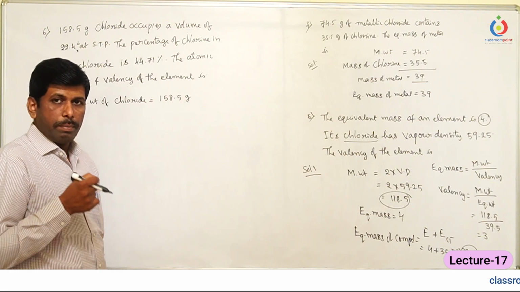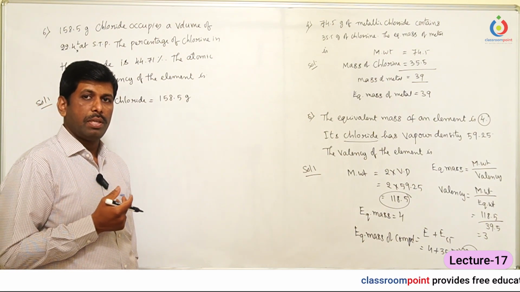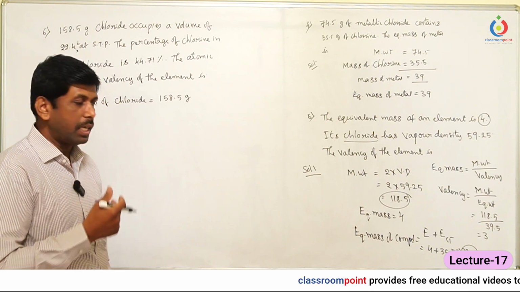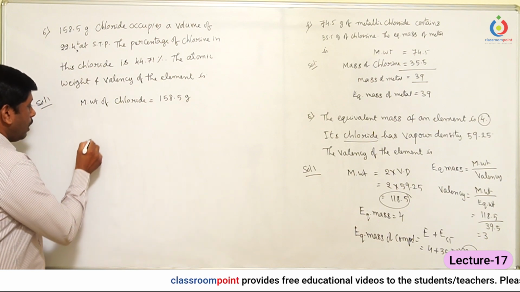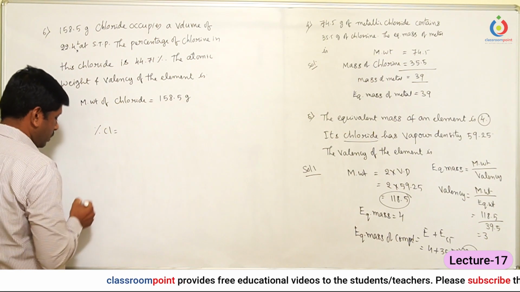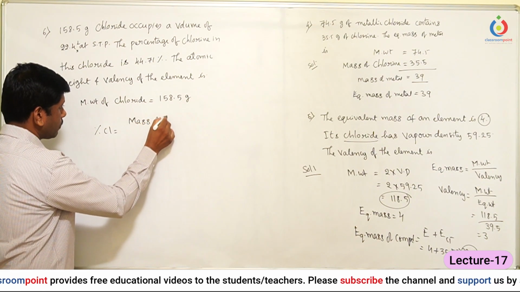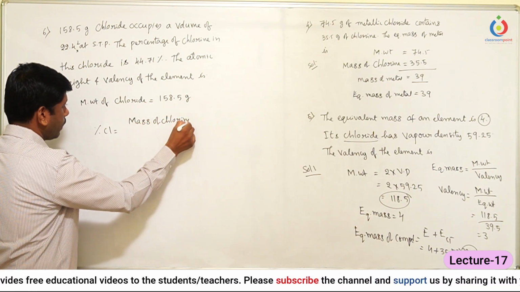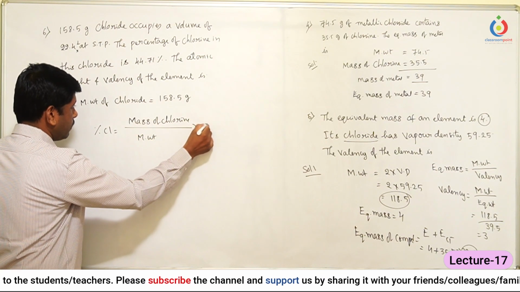So we have already made a particular lecture about the calculation of the percentage of the elements in previous classes. Please do that for the formula. And I'll use directly the formula here. Percentage of chlorine is equal to mass of chlorine divided by molecular weight into 100.